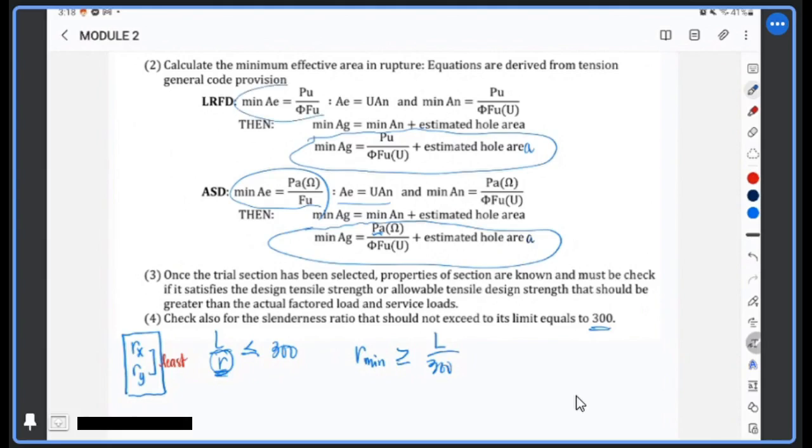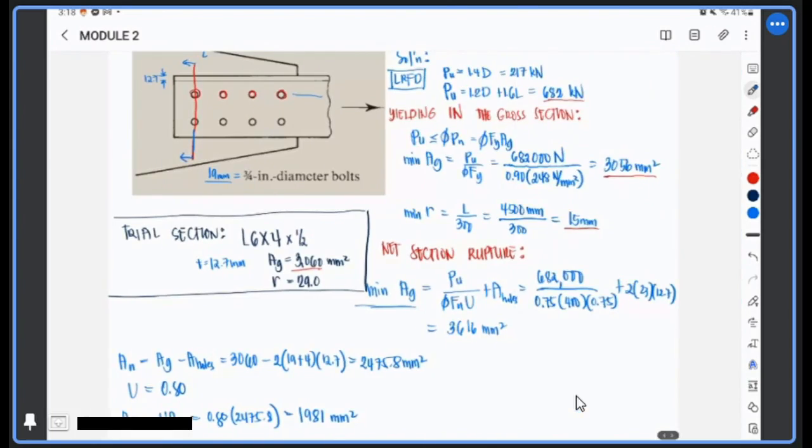This formula. Pu over phi Fu. Gets ko na. 0.75. Okay. Ganito.